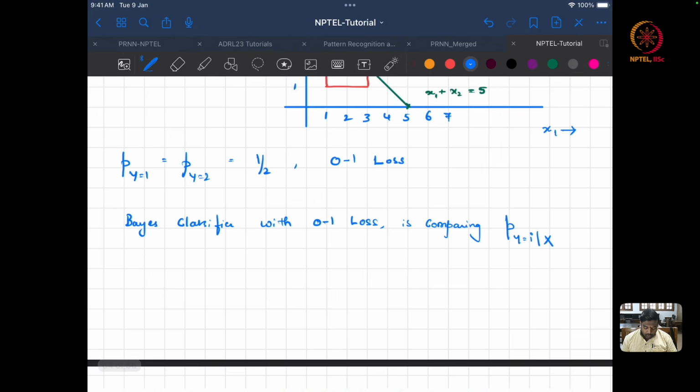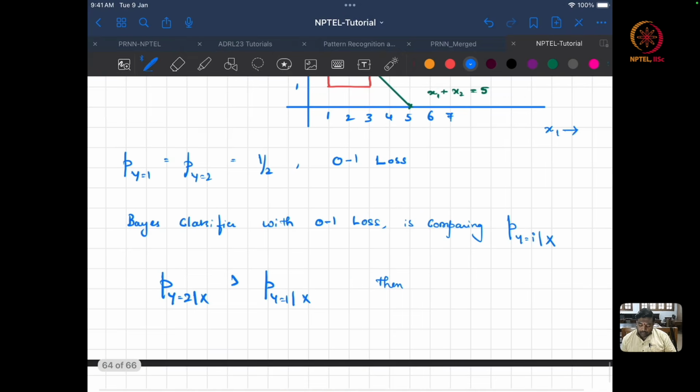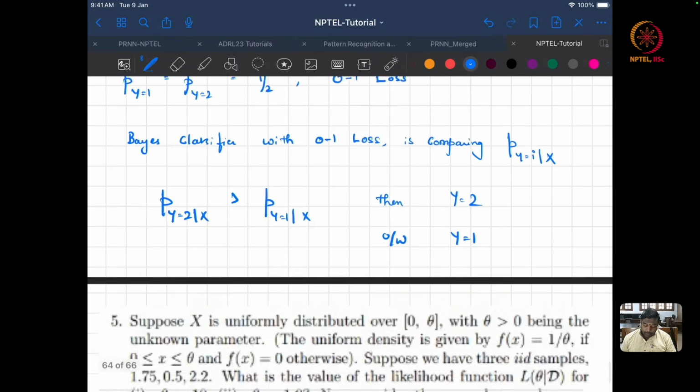Now how will the rule be? If P of y equal to 2 given x is greater than P of y equal to 1 given x, then you'll be labeling that particular example as y equal to 2. Otherwise you will have y equal to 1. Now, this is our Bayes classifier.